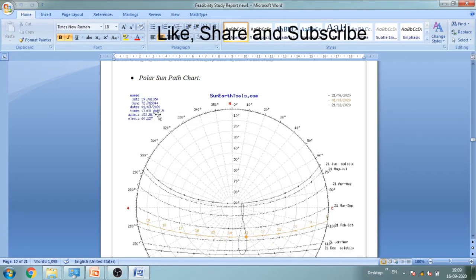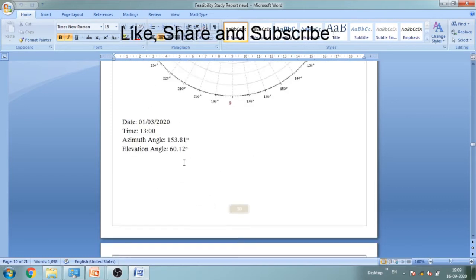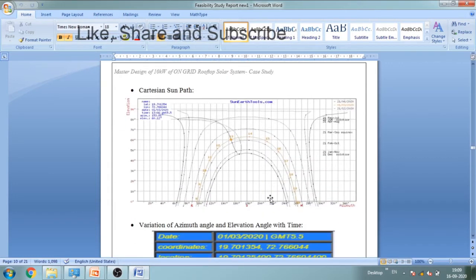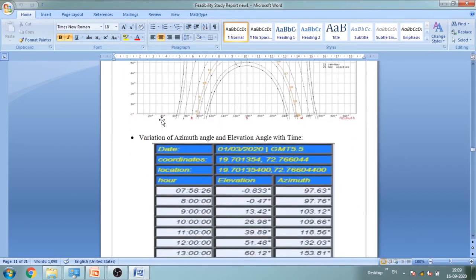Once the diagram is generated, it automatically shows the azimuth angle and elevation angle for the corresponding date and time.